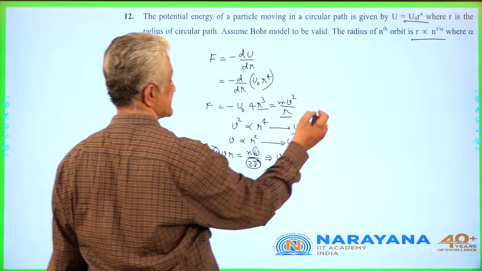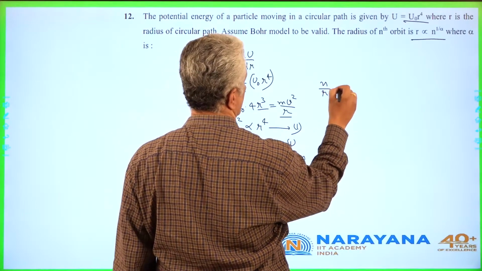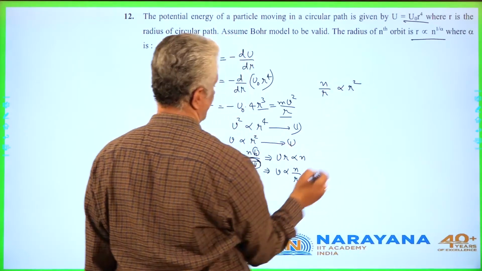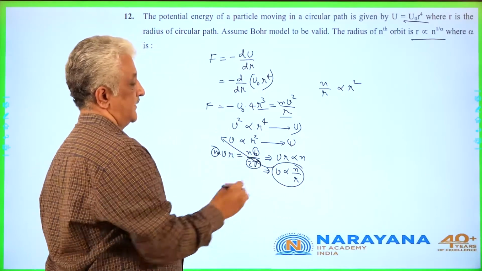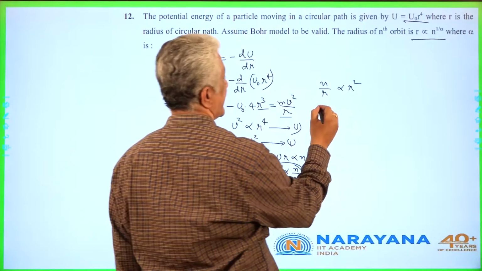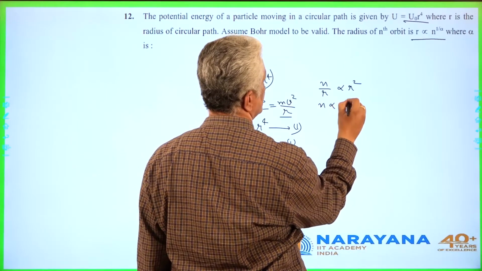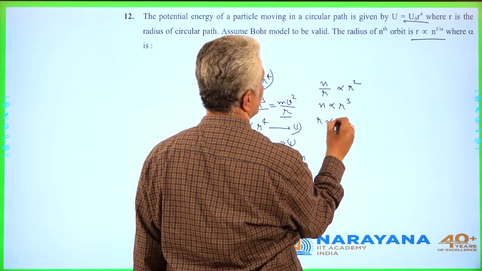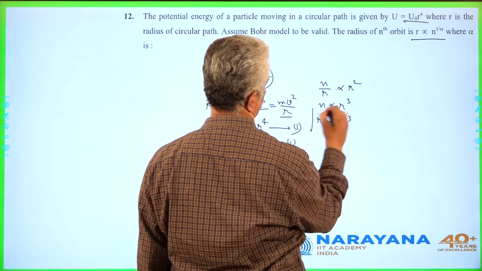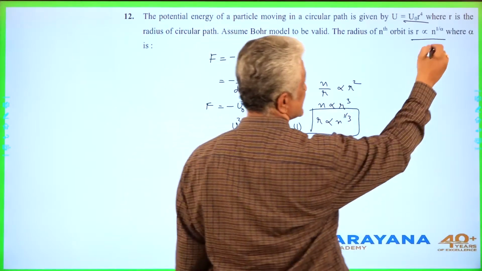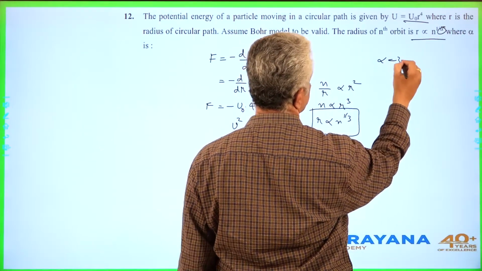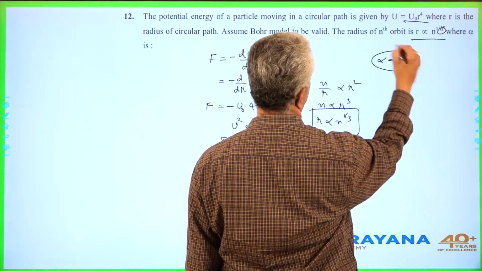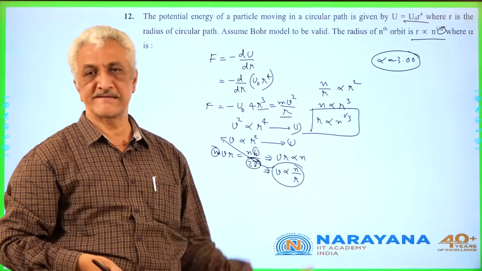If we substitute in this, then n by r is proportional to r square. Then n is proportional to r cube, or r is proportional to n power 1 by 3. So whatever this alpha is given, this alpha is nothing but 3, that is 3.00 numerical value. That is number 12.